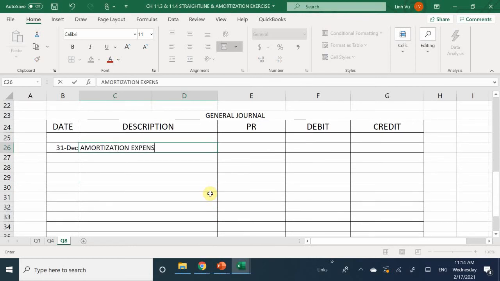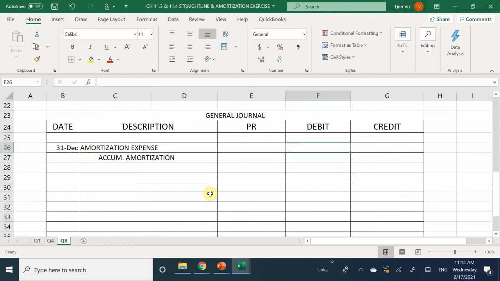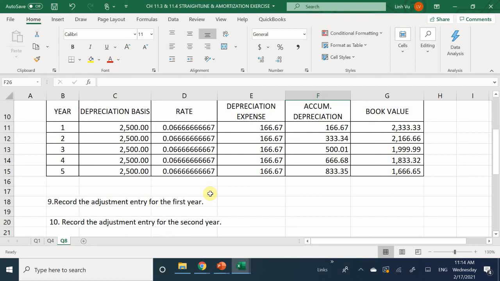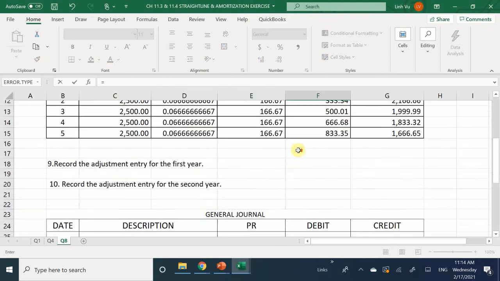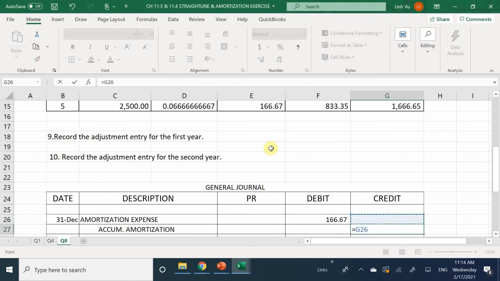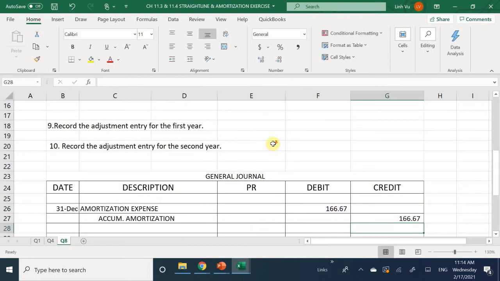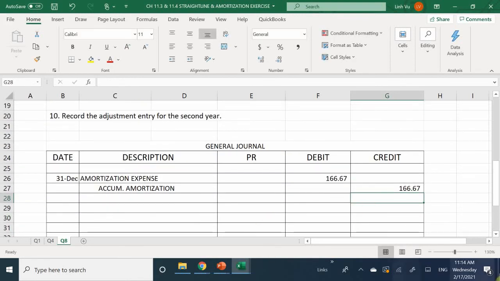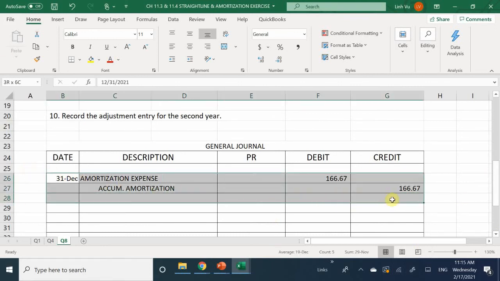Amortization expense and accumulated amortization. And then how much was it for the first year? It was 166.67. All right. And of course, what is the journal entry going to be for the second year? The exact same.